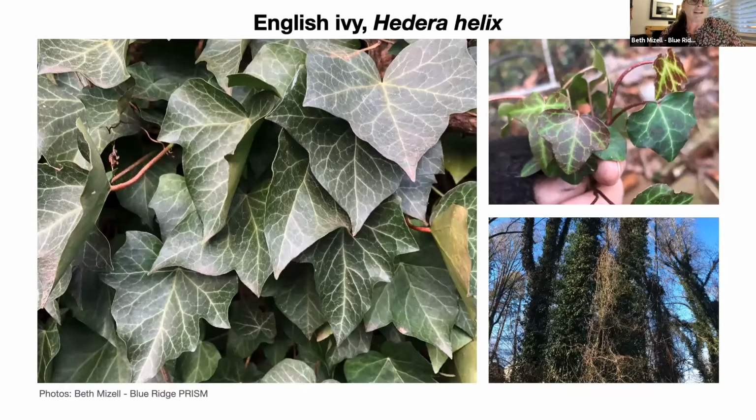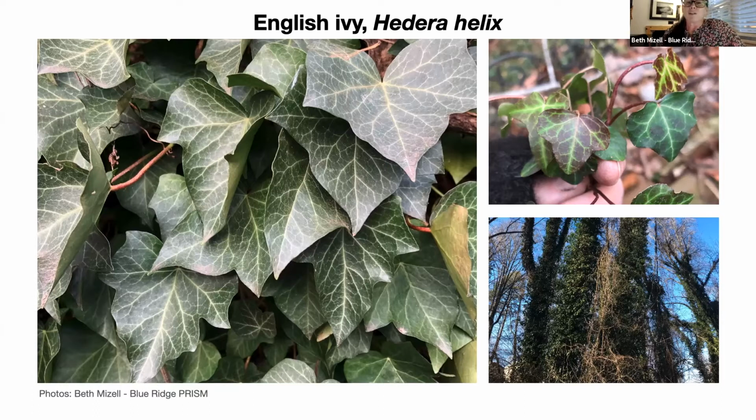The next vine I'd like to highlight is the one that probably most of you are familiar with, and this is English ivy. This is a vine that likes to break trees. English ivy is often planted as a ground cover, and that's why we see it all over Charlottesville and other urban areas, because it was intentionally planted and then it quickly escaped cultivation.